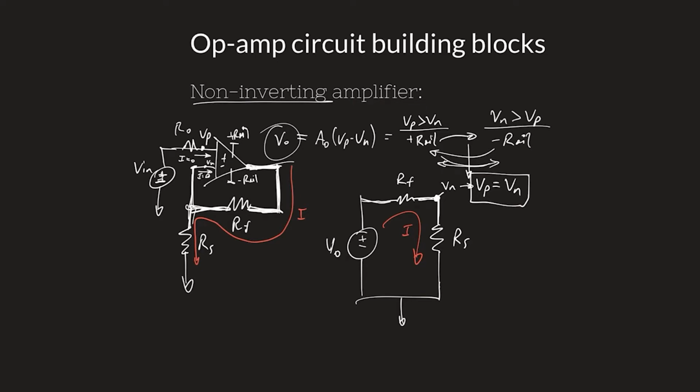Now how do we relate Vp to Vin? Well, here's Vp, here's Vin. And by the way, when I say Vp, if I say a voltage here, it has no meaning to say here's a voltage. It's always here's a voltage with respect to something else. Voltage at this location with respect to another location. So voltage here with respect to ground.